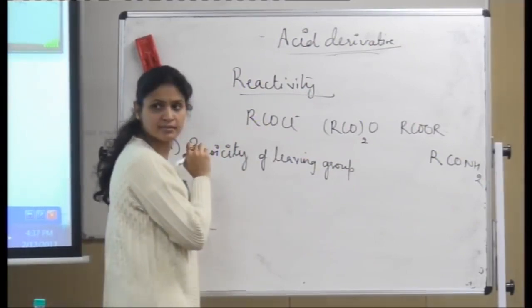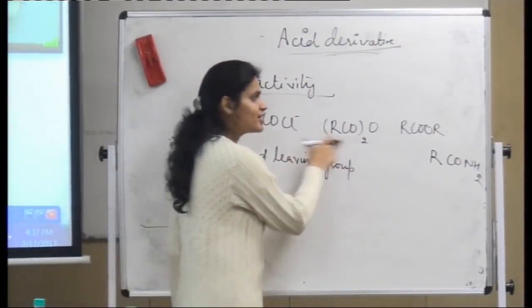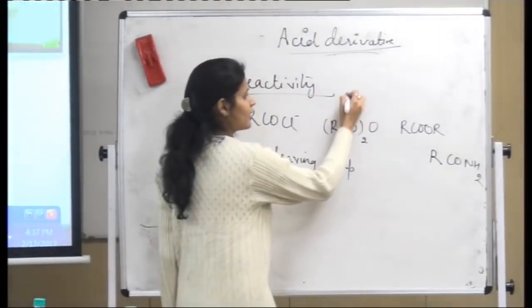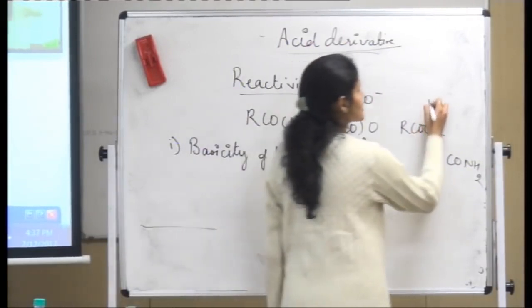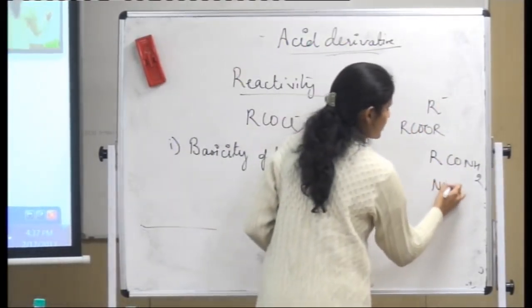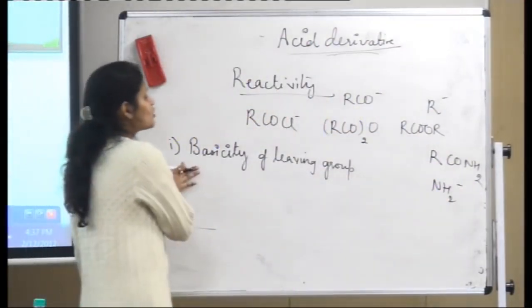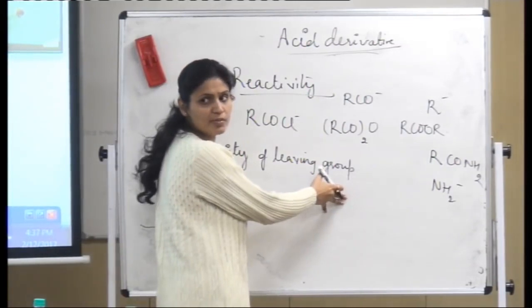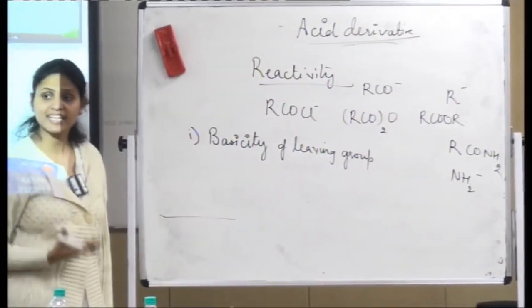Cl minus, and hence this is a leaving group. In this case, which is the leaving group? RCOO minus. In this case, it is R minus. In this case, it is NH2 minus. These are the leaving groups. So based on the basicity of the leaving group, you decide which is more reactive in nature.